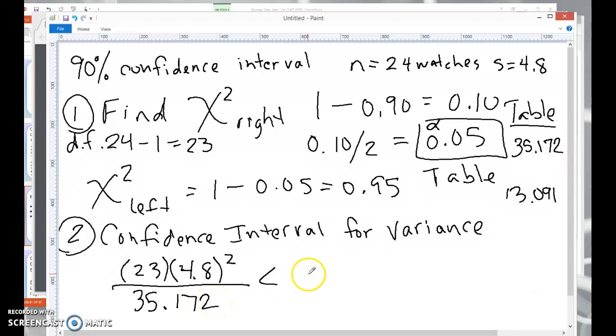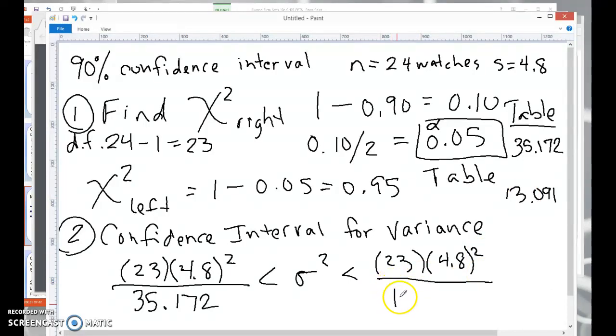And it's going to be between our, again, 23 times our sample deviation, squared, divided by chi-squared left. Our table value was 13.091. You can type these into the calculator, and we're going to round to the nearest tenth, giving us 15.1 and 40.5. Those are the confidence intervals for the variance.